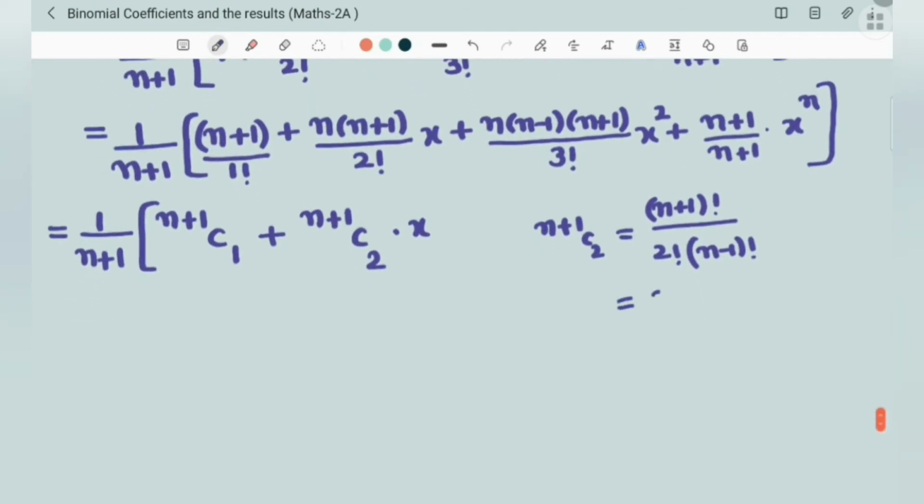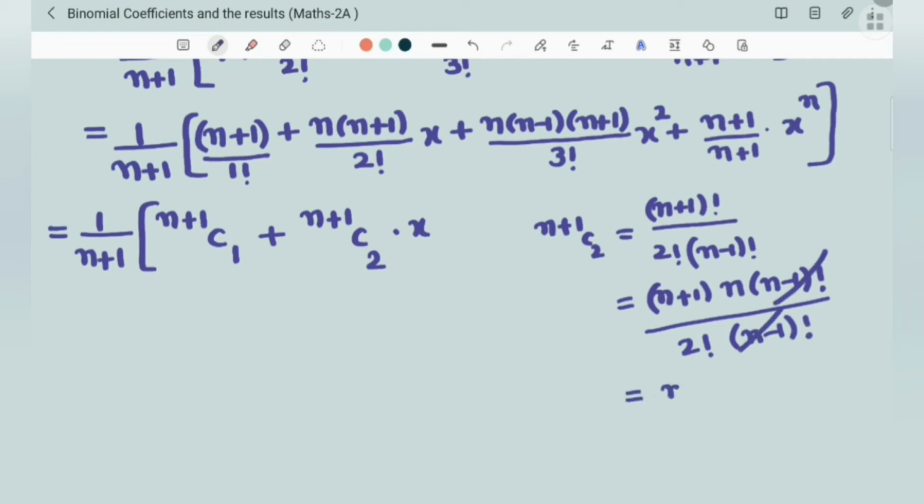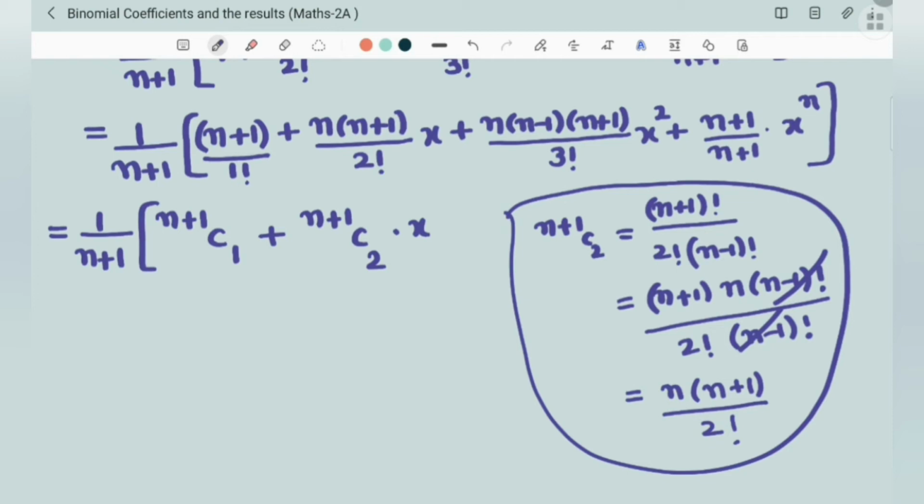So which is equal to n plus 1 factorial, which can be written as n plus 1 into n plus 1 minus 1 factorial, that means n factorial. n factorial also can be written as n into n minus 1 factorial divided by 2 factorial into n minus 1 factorial. n minus 1 factorial cancels. So n into n plus 1 divided by 2 factorial. That's what I wrote now. n into n plus 1 by 2 factorial, in place of that I wrote n plus 1 c2.